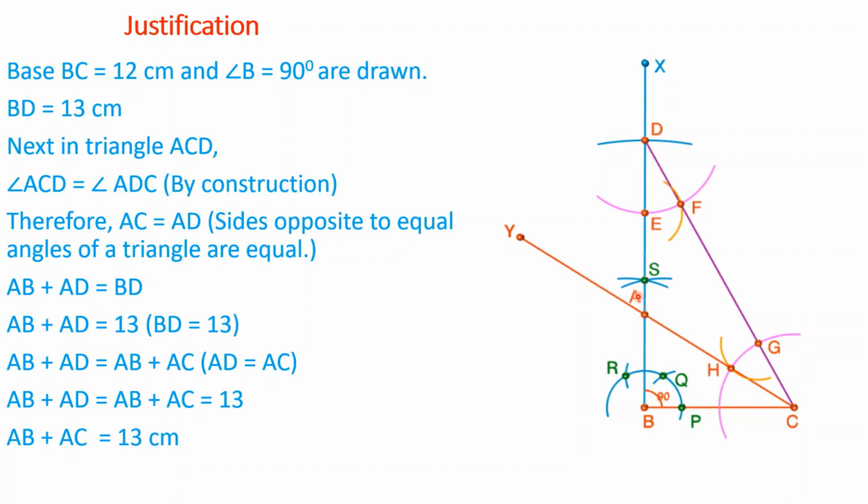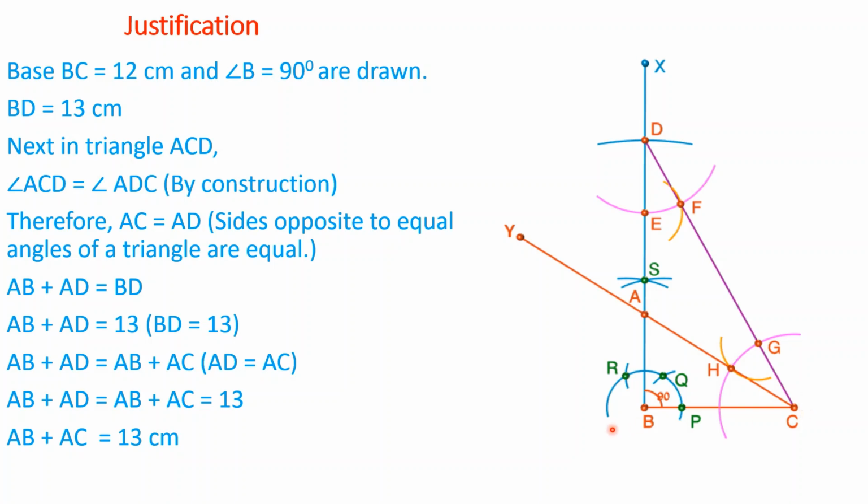And AD equals AC, so in place of AD we put AC. AB plus AD is AB plus AC. AB plus AD is equal to AB plus AC, and AB plus AD is 13 centimeters. So AB plus AC is also 13 centimeters. So we have proved that AB plus AC is 13 centimeters.